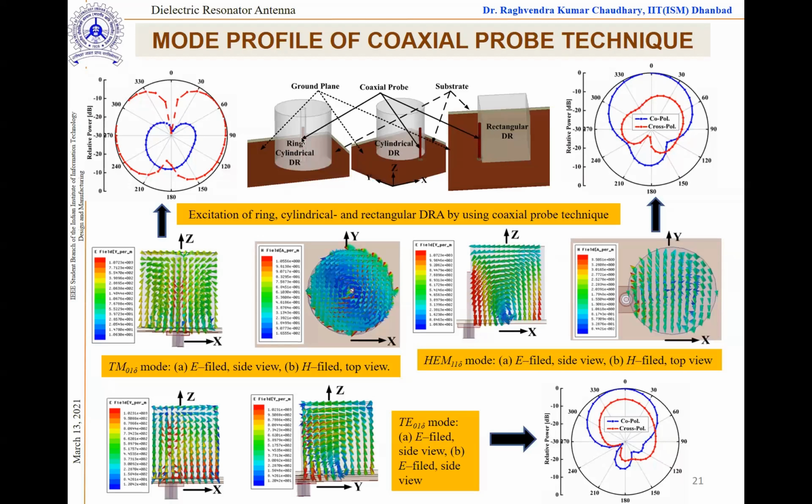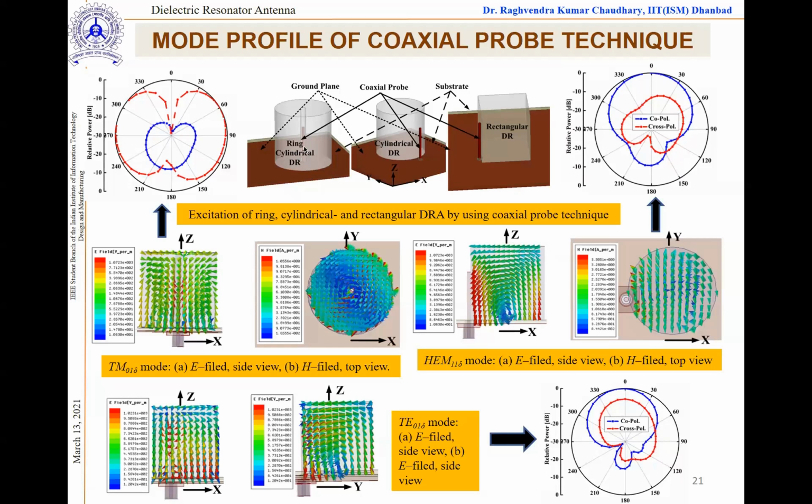This is a cylindrical DR, and at the center we are feeding. Here you can see we are feeding through a periphery. And again, this is a rectangular DR, and we are again feeding through the periphery. Now from the very basics, you can predict what kind of field profile will be there.